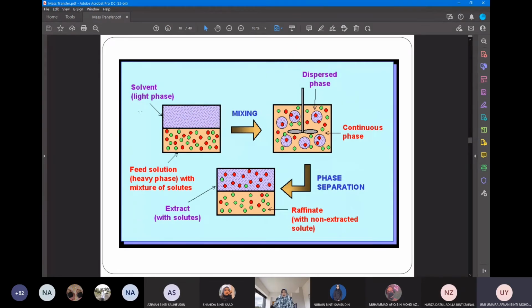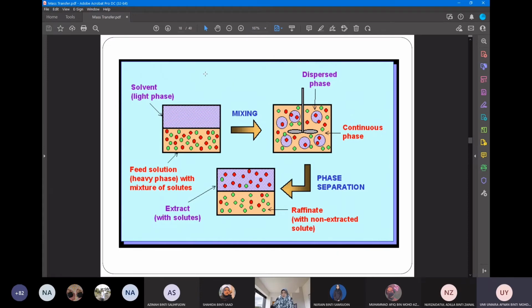Okay, so this is a diffusion of solvent, solvent diffusion in liquid extraction. What I'm going to tell you is that you're dealing with a solvent which is the light phase.